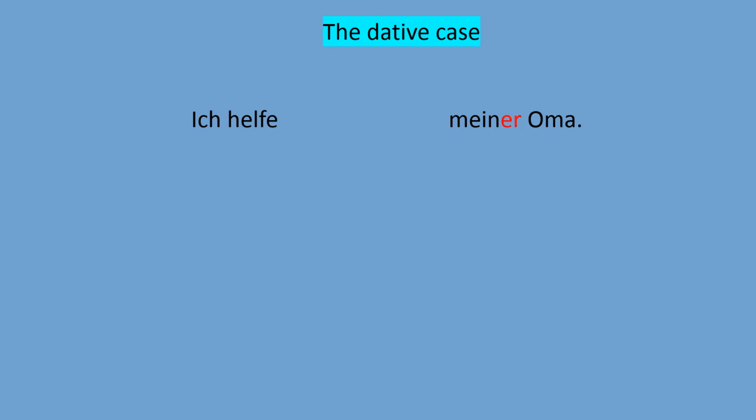So as you see, we use my grandmother, "meine Oma," in the dative case. We use it because the verb to help actually means to give help to somebody. So practically when I say "ich helfe meiner Oma," I would say I give my help to my Oma, to my grandmother. So that's why we use the dative case here.